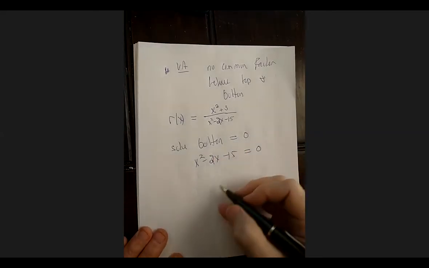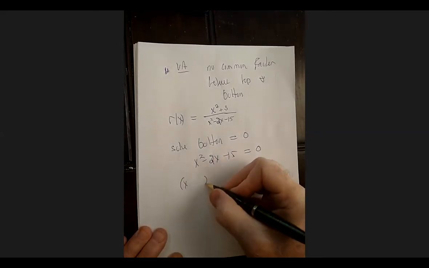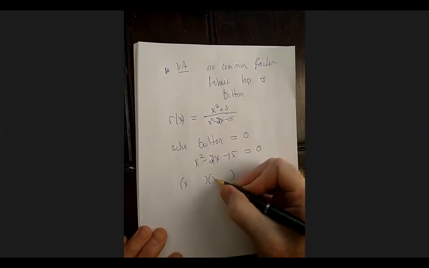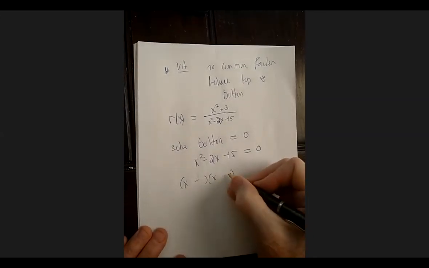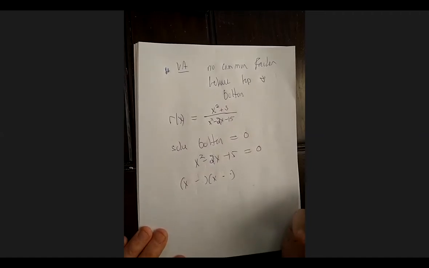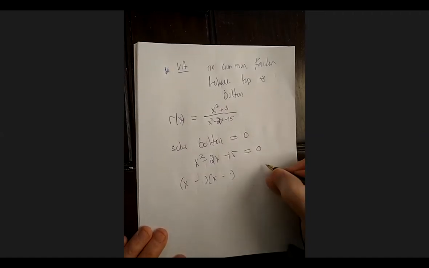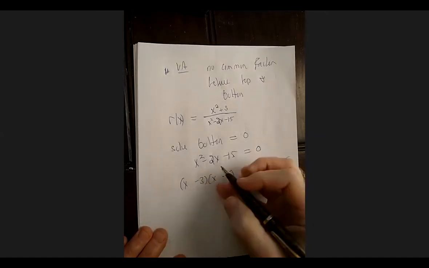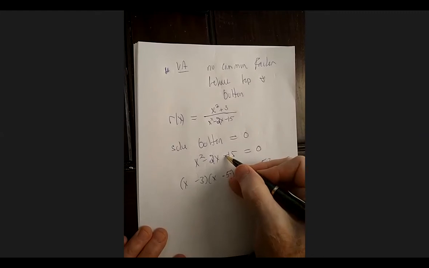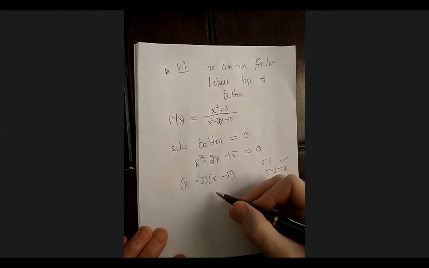So x minus 15. I know it's going to factor into something that looks like this. The numbers I put here and here have to multiply to 15, but their difference has to be 2. So I'm going to say, well, 5 times 3, 5 minus 3 is equal to 2. Well, that's going to work. So I'm going to put a 5 there and a 3 here. But since this is minus, one of these has to be plus.